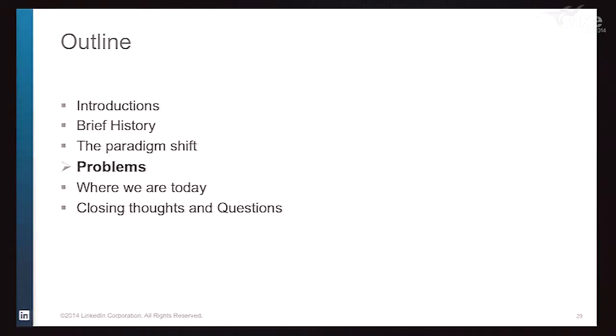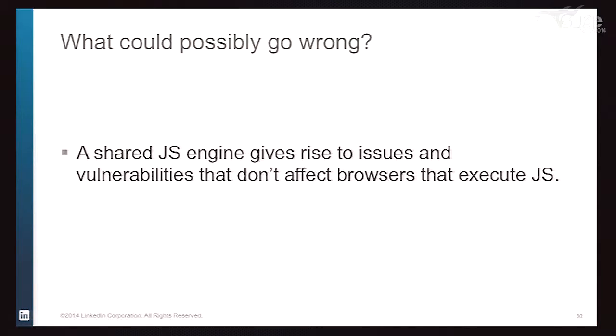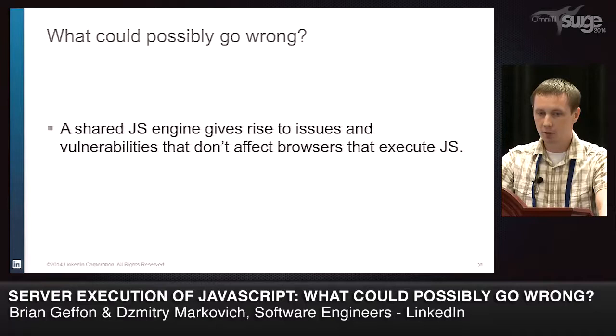But not all of this was very clear. So what could possibly go wrong in this case? When you use a shared engine on a server, it means you're sharing the same engine between millions and tens of millions of requests. With the previous solution, we didn't do that because we just delegated this job to the client, and the browser could handle this isolation.